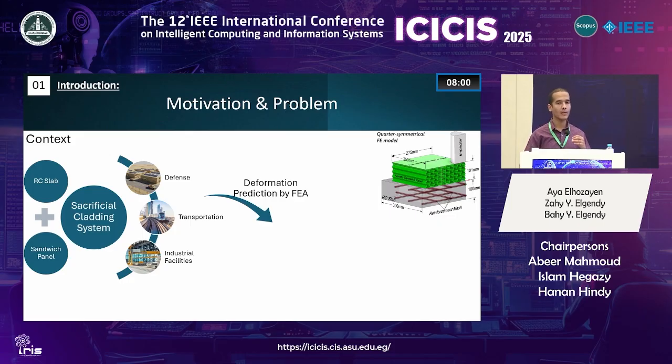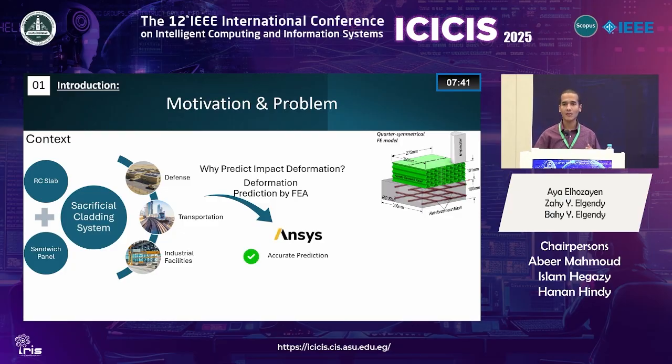So our aim is for the sandwich panel to resist most of the damage occurring to our system. These systems can be seen in defense places where protection is necessary from attacks, impacts, or blasts.